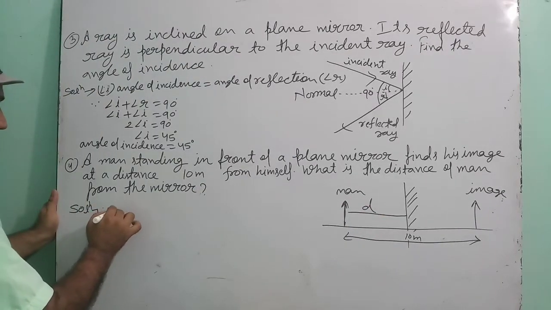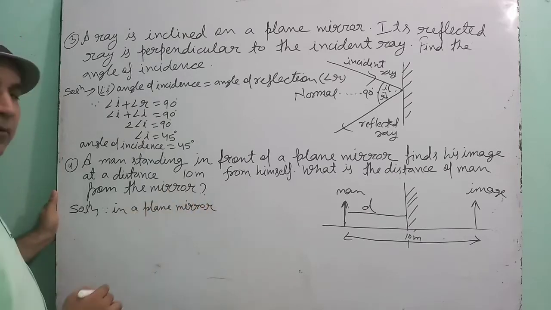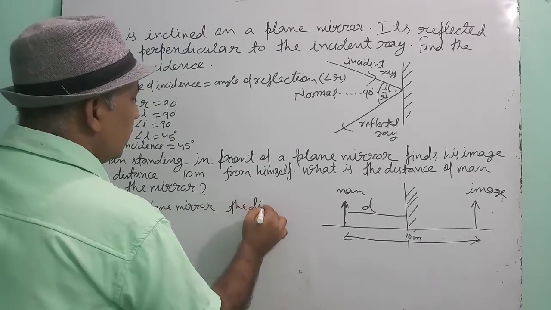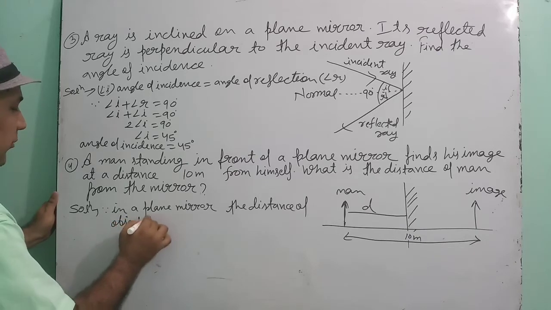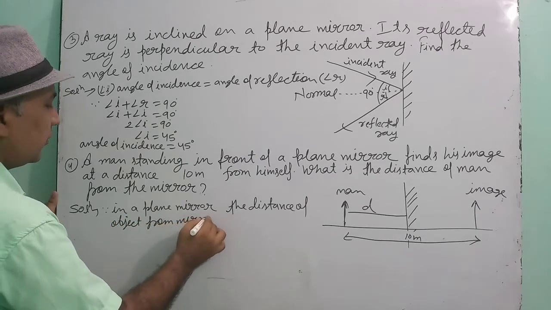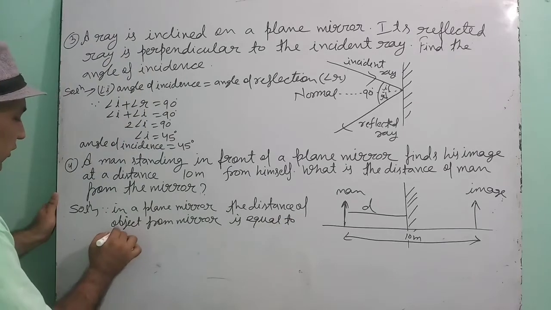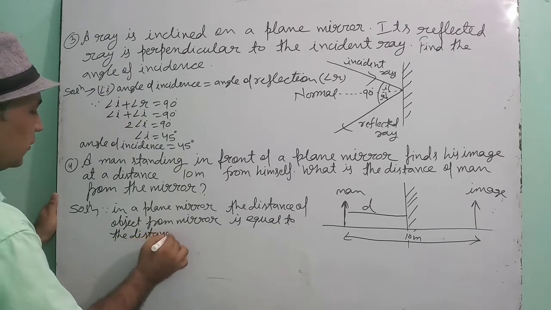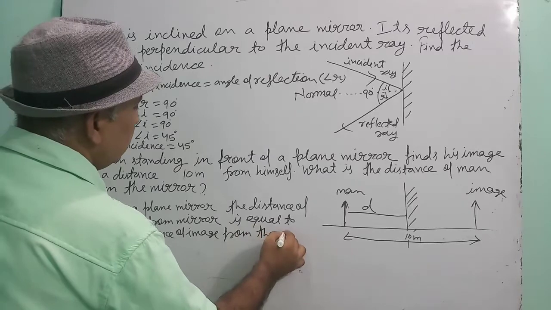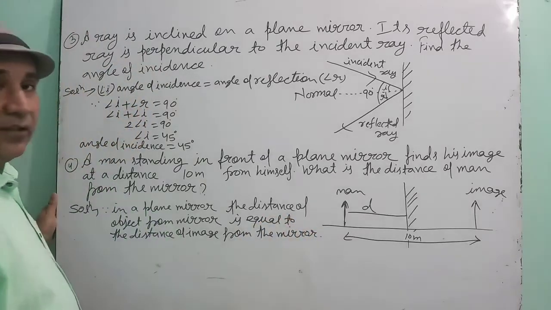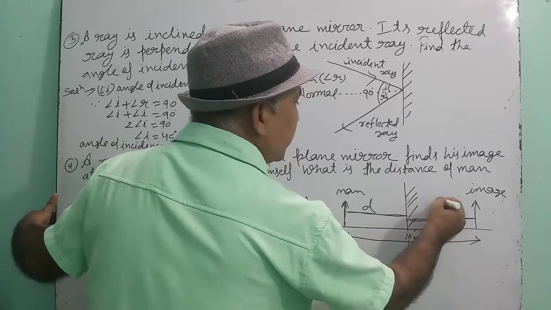We know that in a plane mirror, the distance of the object from the mirror is equal to the distance of the image from the mirror. That means the distance of the object from the mirror is equal to the distance of the image from the mirror.